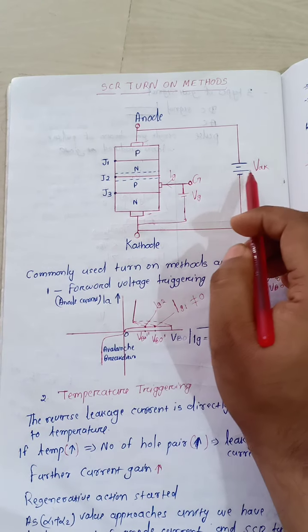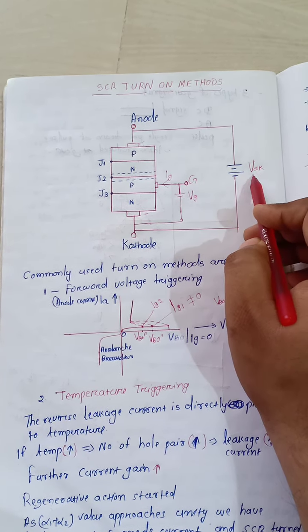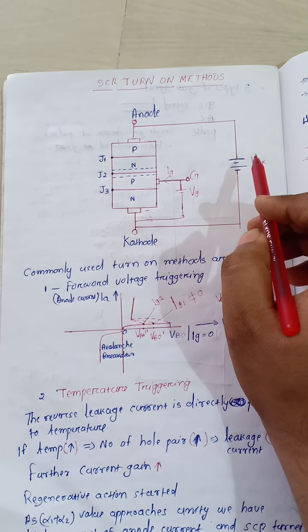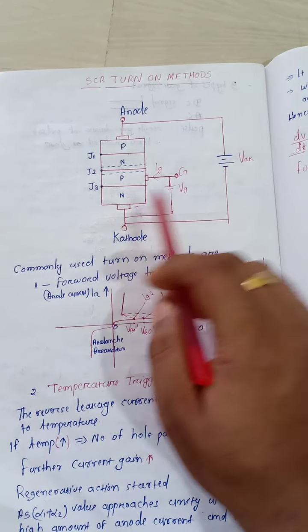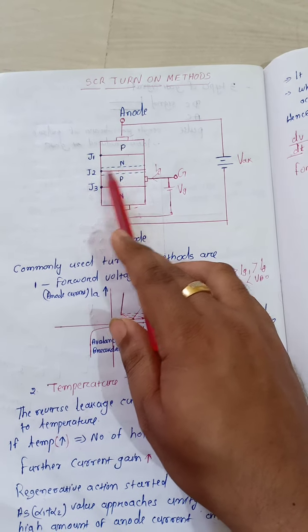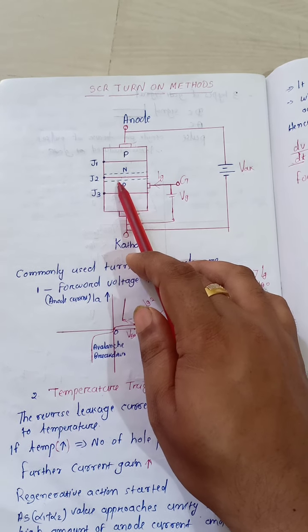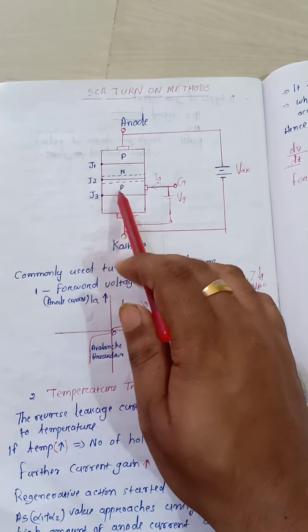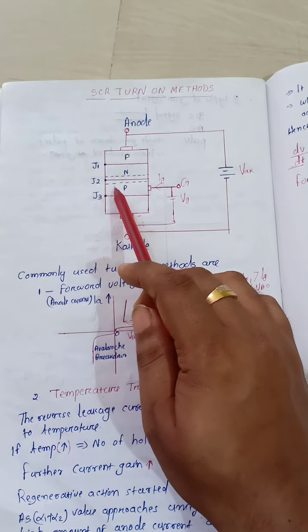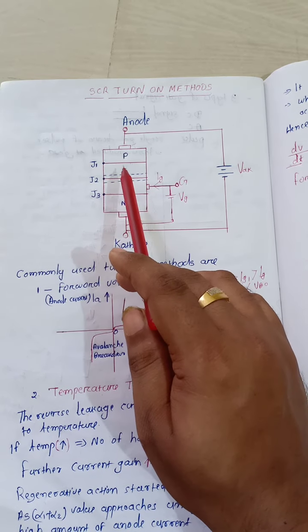Whenever we increase the value of VAK, or V anode to cathode, then at a point called VBO, or forward breakover voltage, this depletion layer will vanish, that is, it will face avalanche breakdown. When avalanche breakdown occurs, this J2 junction will become conductive.